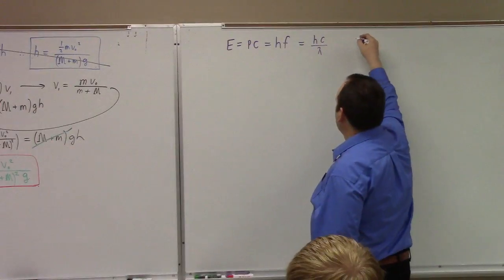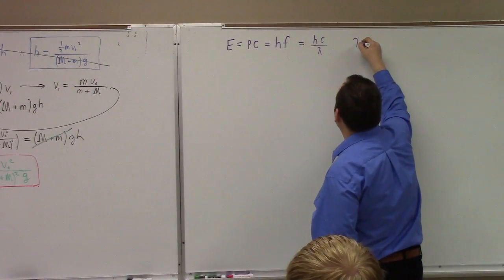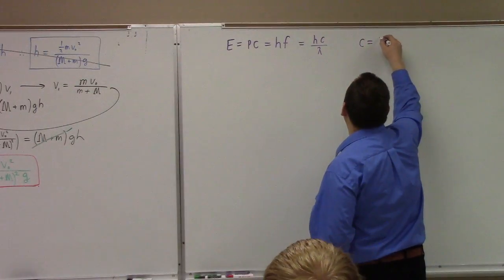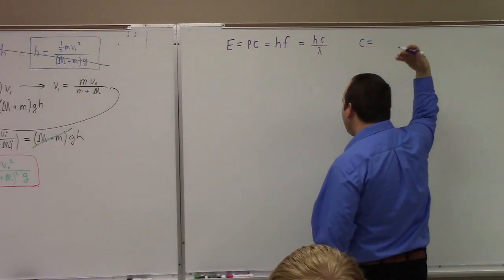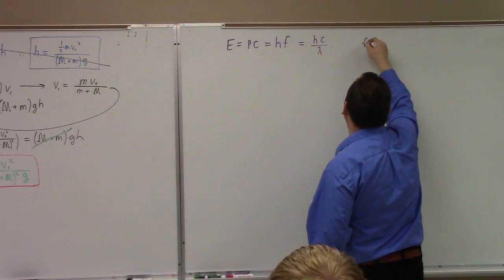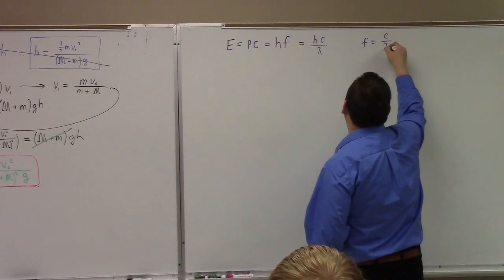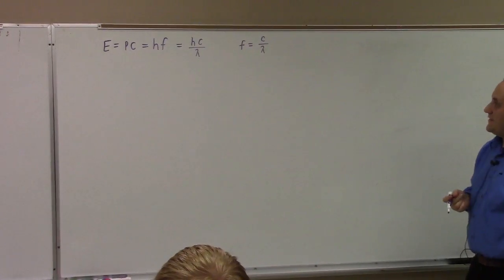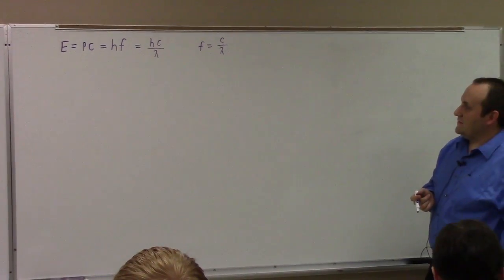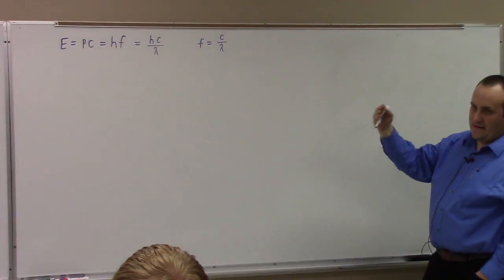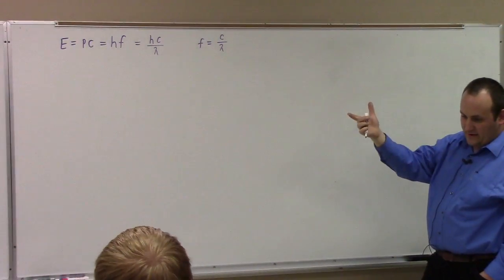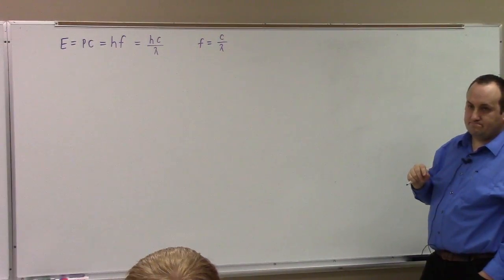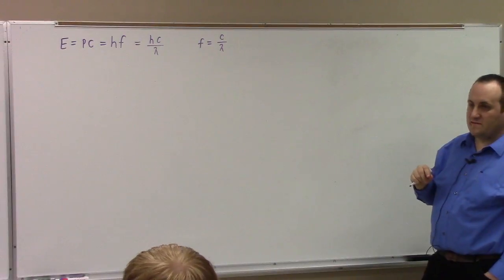That makes sense, of course. f is equal to c over lambda. The frequency of light is the speed of light divided by the wavelength of light. So if you take how many meters per second it goes, and you divide by how many meters a particular cycle of light goes, that gives you the number of cycles per second, or its frequency, its hertz.